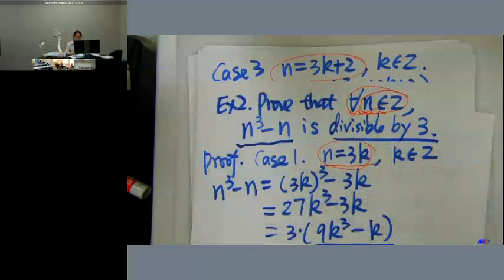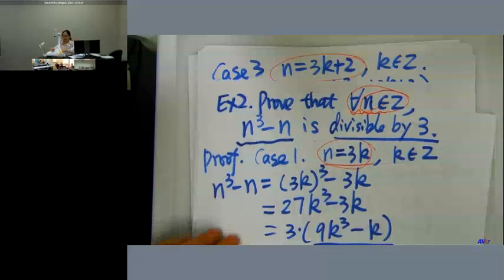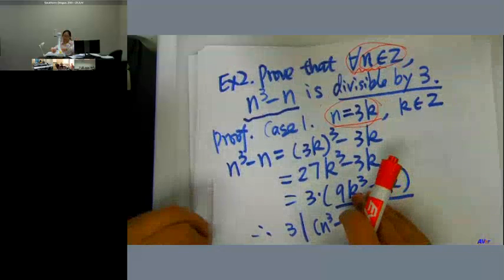Okay, so similarly, if I want you to prove something is divisible by 4, maybe you have to do 4 cases. Which 4 cases? 4k, 4k plus 1, 4k plus 2, and what? 4k plus 3.